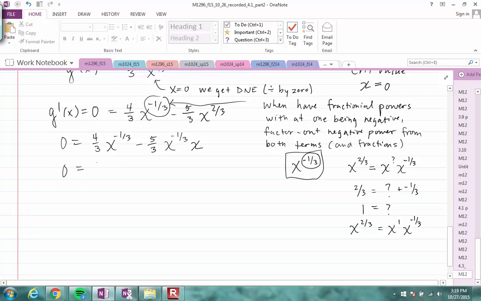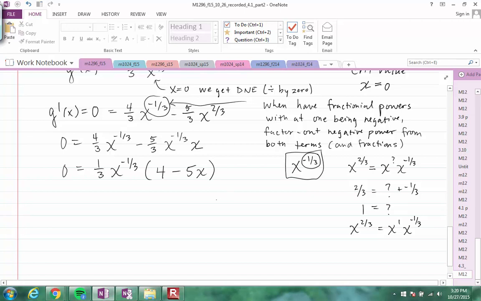And so notice 1/3 is a common factor. Take it out, and I have 4 minus 5x. Oh, whoops, except I need to actually take out the x to the negative 1/3 instead of pretending I did. So 1/3 x to the negative 1/3, sorry about that, and then we're left with a 4 for the first time, minus 5x.